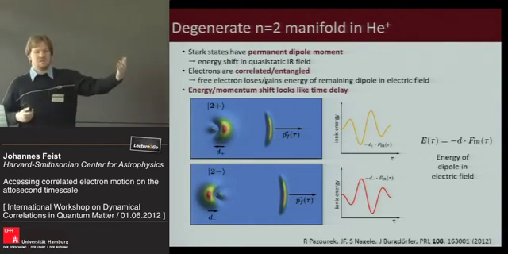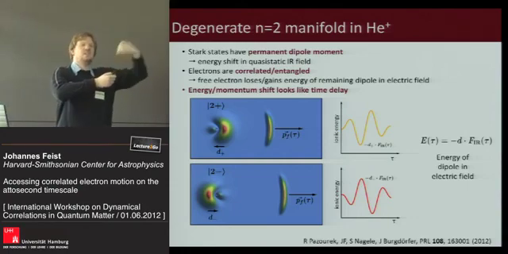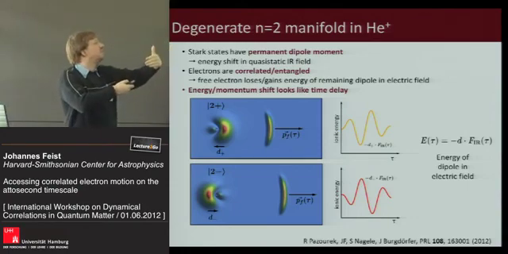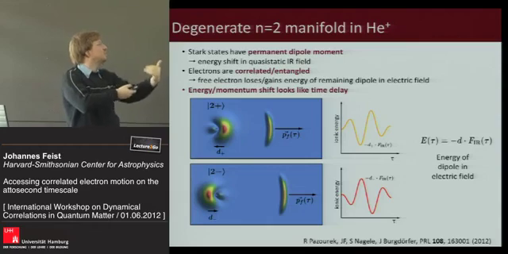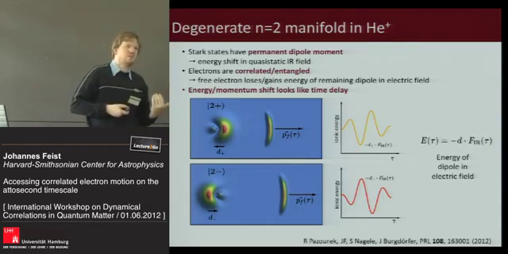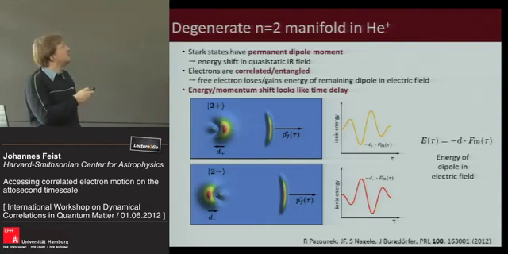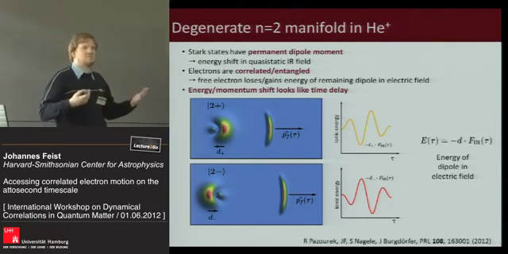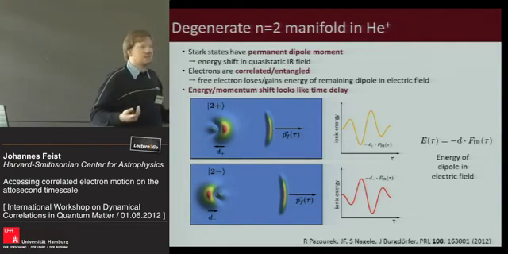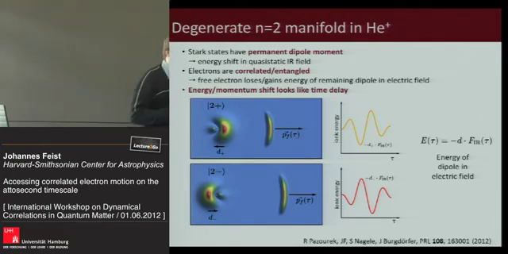So if I emit an electron into, let's say, the 2+ ionic state, the free electron will get either this additional energy or lose the energy of the dipole in the electric field. So you get an additional energy or momentum shift on the free electron depending on the ionic state because of this entanglement. And this shift looks like a time delay exactly because streaking is a mapping of energy shift or momentum shift to time delay.